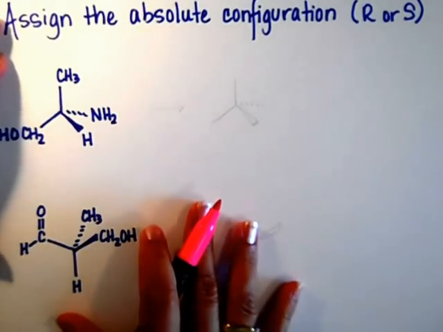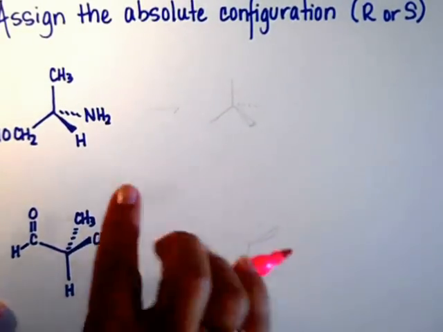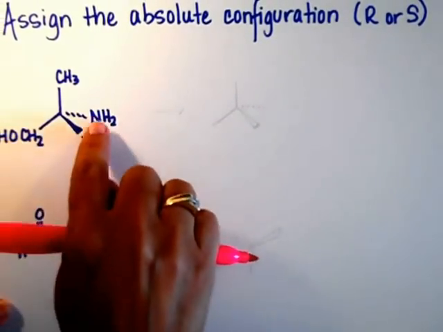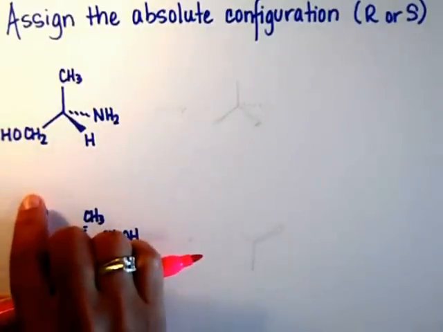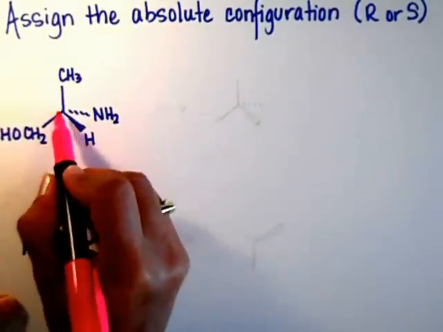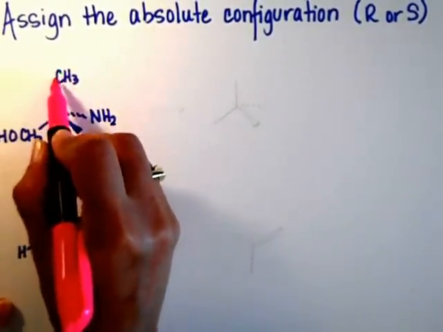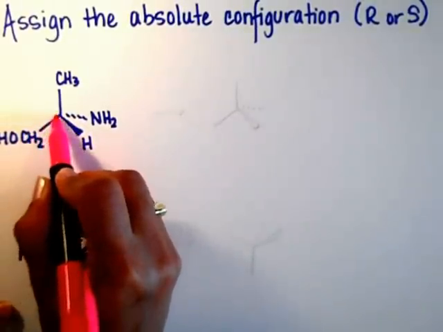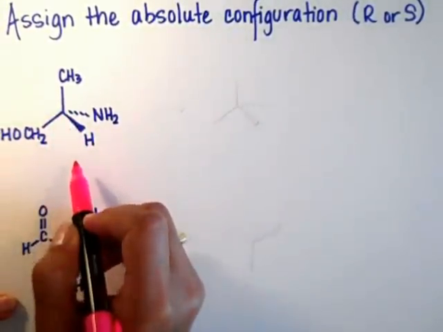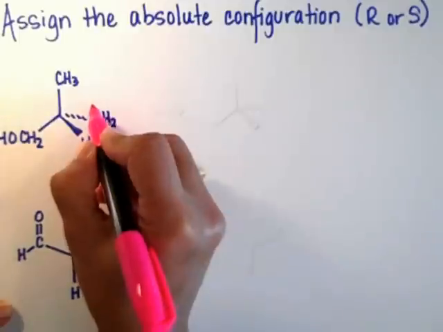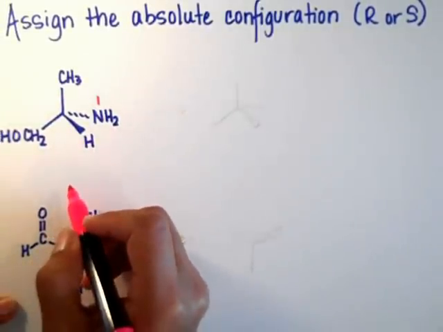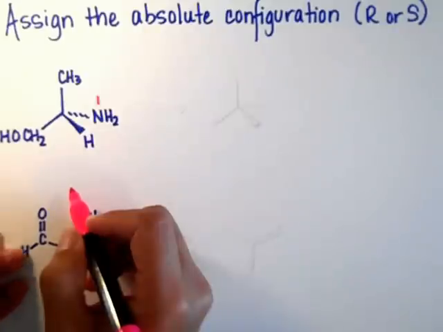Before we rotate, let's go ahead and assign priorities to the groups attached to my chiral carbon. You have to go one by one. I have a nitrogen, a carbon on the left, and a hydrogen in the front. Just by atomic number, nitrogen is higher, so it automatically gets number 1.